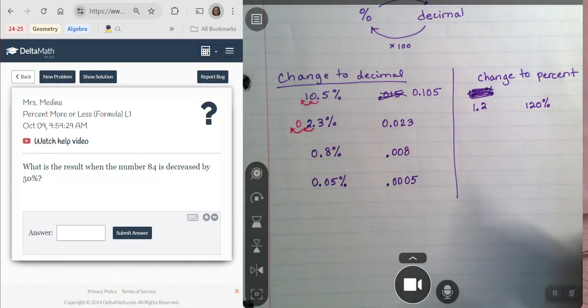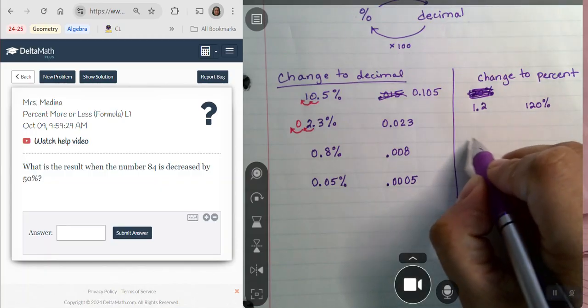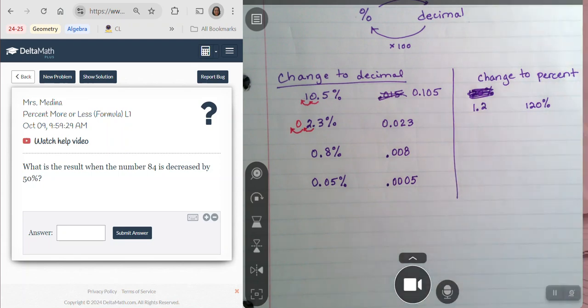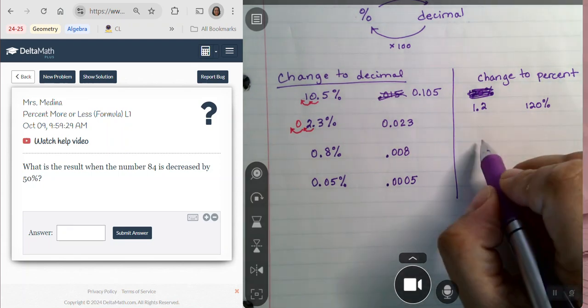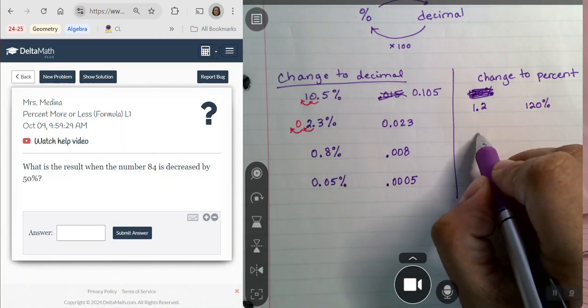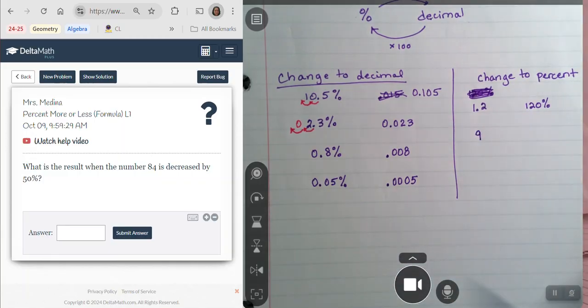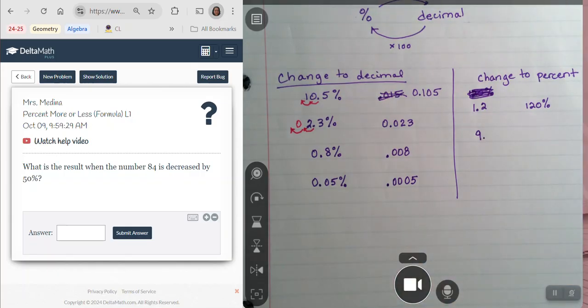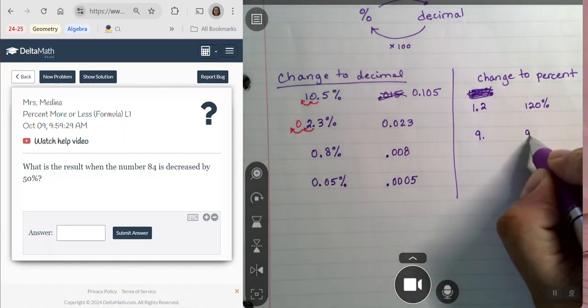So what if it was just 9? The decimal, technically it's a decimal, right? What percentage is that? 900%.